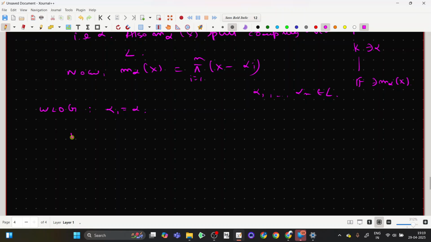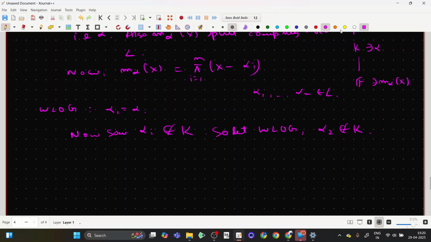Now some alpha_i is not in K by our assumption, which we have assumed to come up with a contradiction. So without loss of generality, let alpha_2 be not in K. Is it clear?